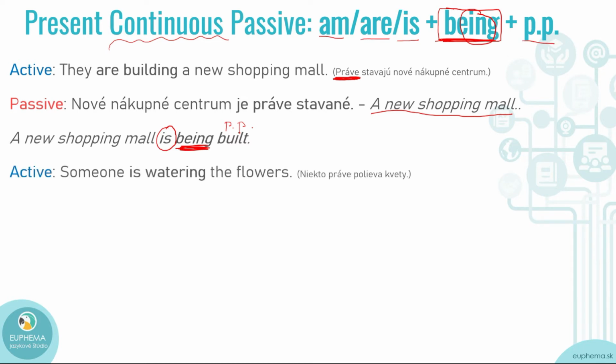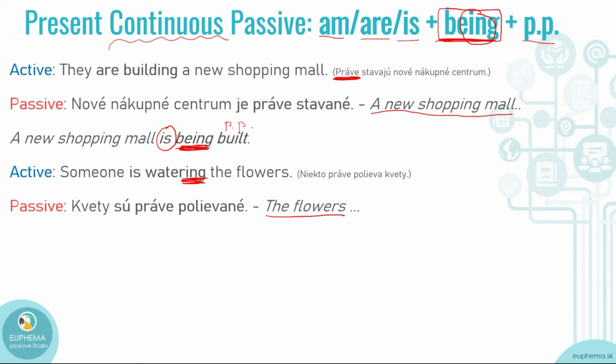Another active sentence. Someone is watering the flowers. We don't know who. It's not important. But you can see that there is ing. Someone is watering the flowers. So we need to use present continuous passive as well. So try to make the sentence. The flowers. Let's see. The flowers are being watered.